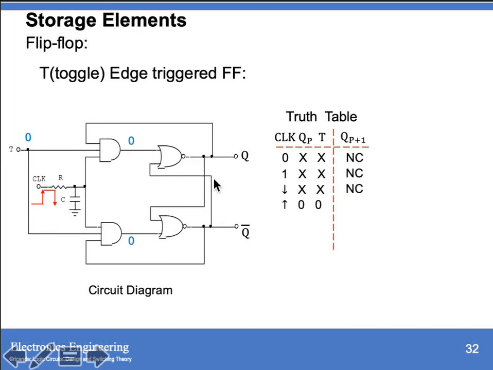If this is 1, NOR with 0, then we have an output of 0. If T is 1, then this second AND gate will generate an output of 1. Since it is equal to 1, your Q bar will be equal to 0. 0 NOR with 0, then your Q equals 1.